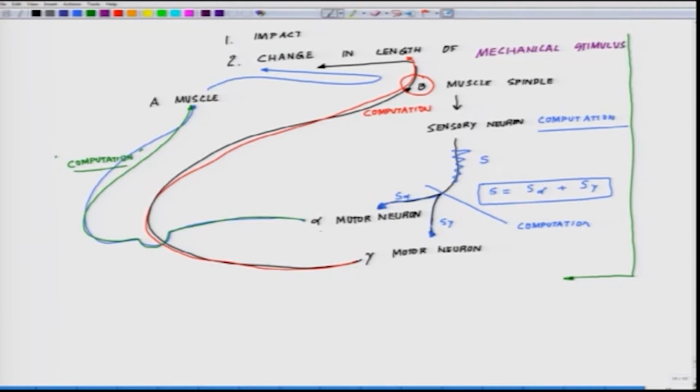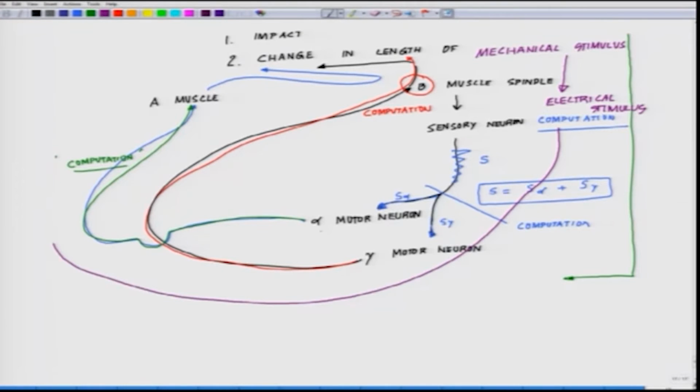This mechanical stimulus is transformed into an electrical stimulus. This electrical stimulus is then computed back through multiple channels, and again translated into a mechanical stimulus where a length change, recalibration or restructuring of the length is happening.